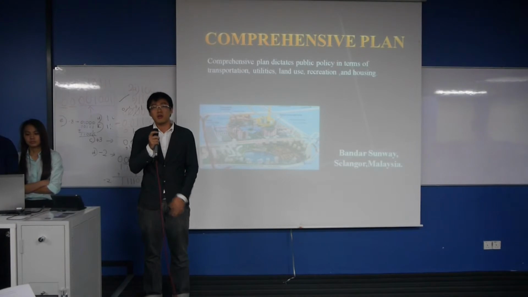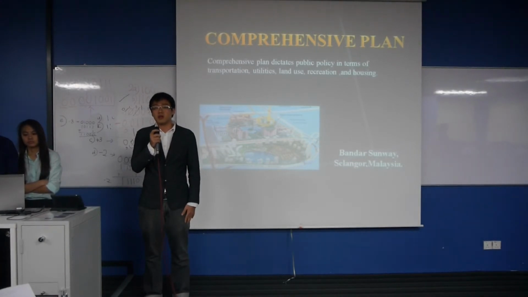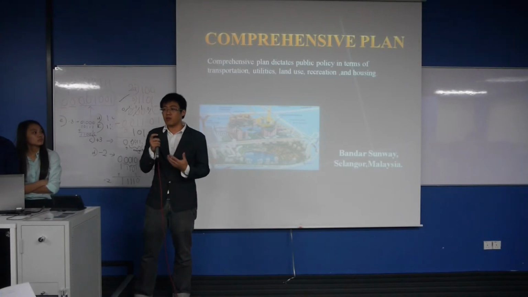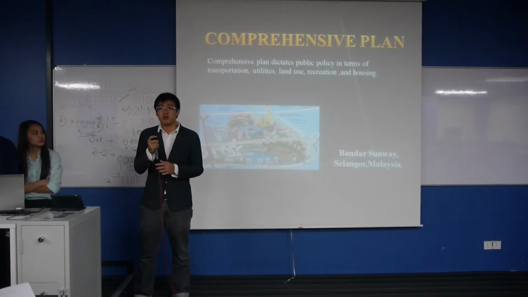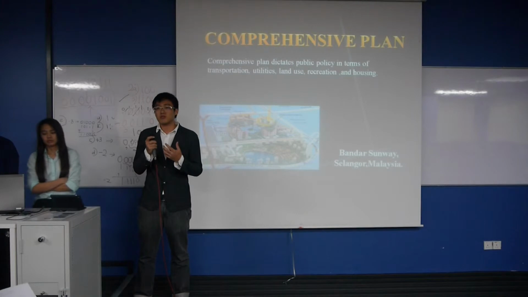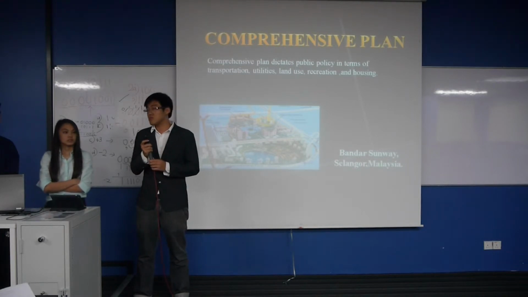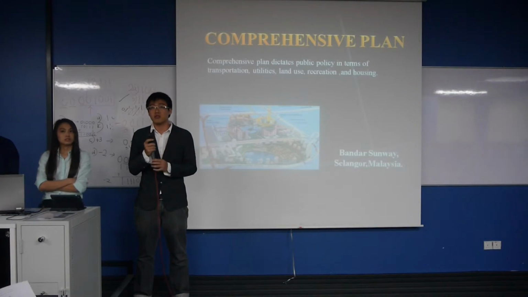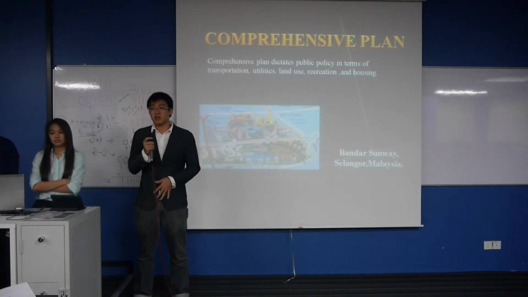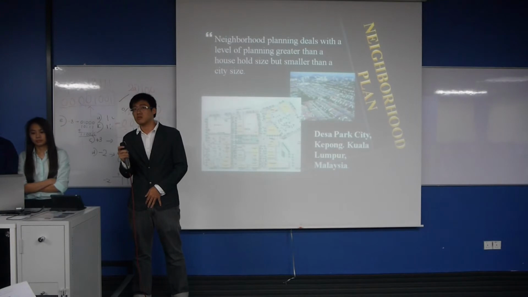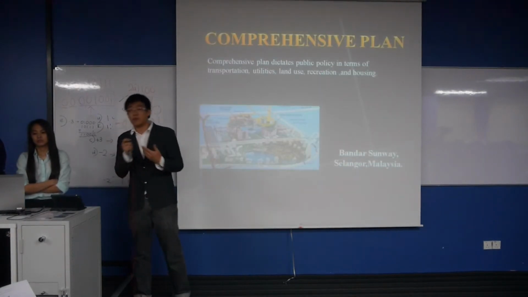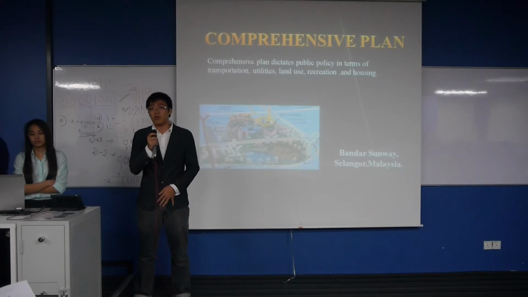Comprehensive plans. Comprehensive plans are plans that are complete with every building, such as transportation, utilities, and also the shopping center. The sample I'm going to use is Bandar Sampai in Selangor, like everyone knows the Bandar.